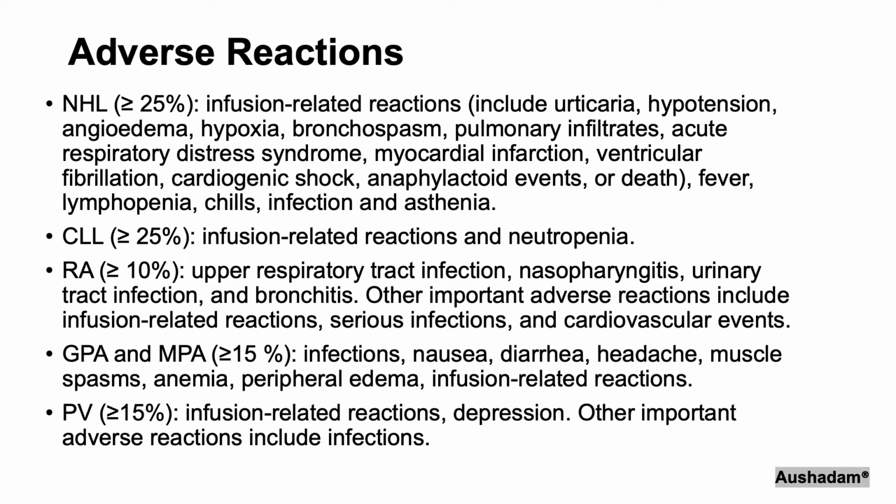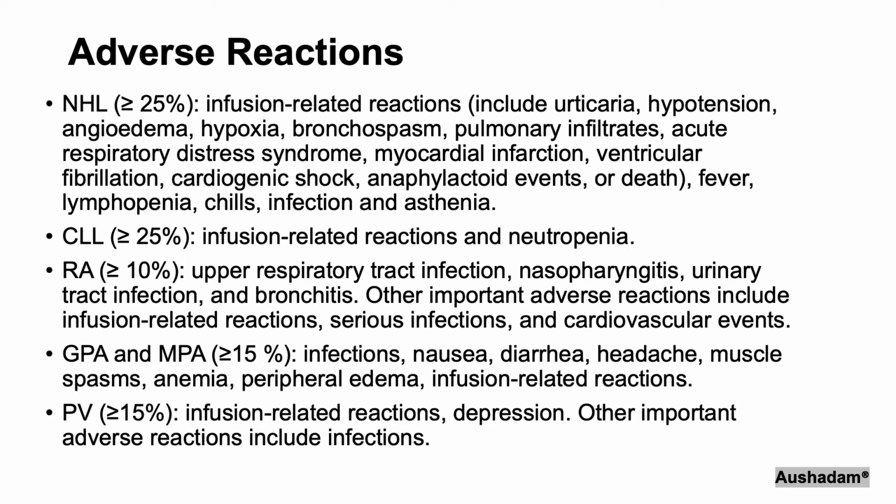Fever and chills are very commonly reported with rituximab, and as it is a B lymphocyte killer, it can certainly lead to a low lymphocyte count in the blood after receiving this drug. Sometimes drug-related drop in neutrophil count, which is a different type of white blood cell, is also reported with rituximab.